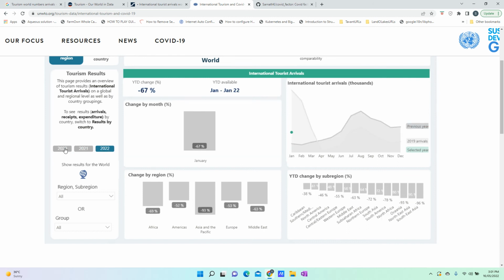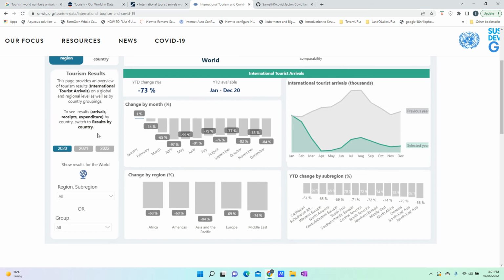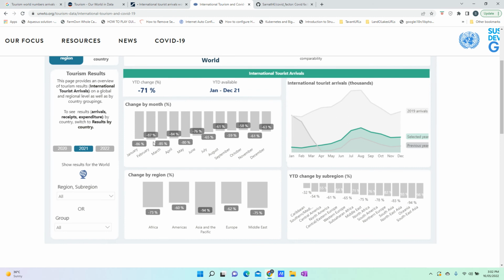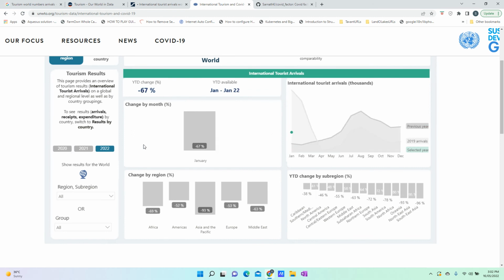It has 2020, 2021, and 2022 data. This is a Power BI dashboard. If you look at 2020, they're talking about how much tourism got affected. You can see April had the highest effect on tourism. April, May, right? Then gradually it reduces, only gradually in 2020. If you go to 2021, it further reduces very nicely, right? And in 2022, it's still minus 67 percent. I think they're still updating the data.